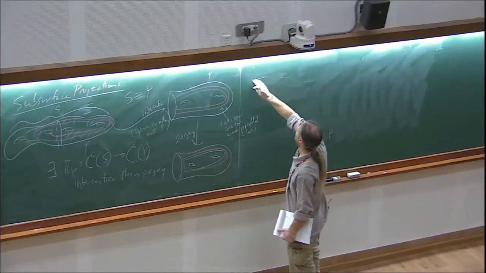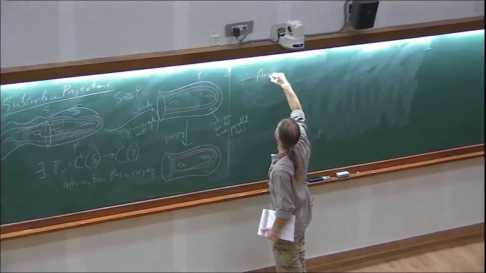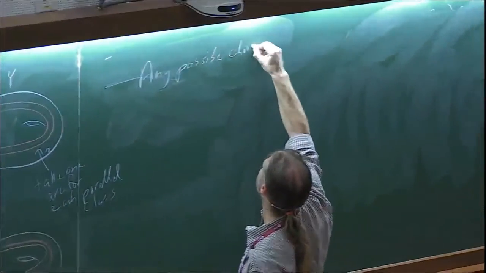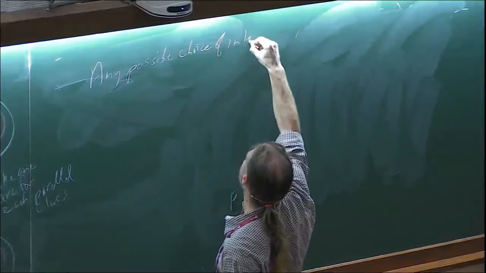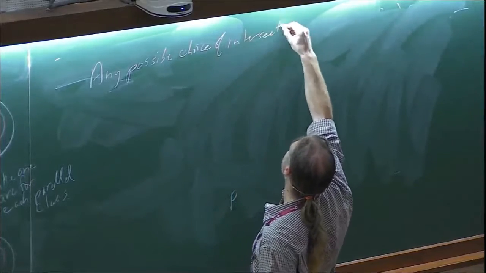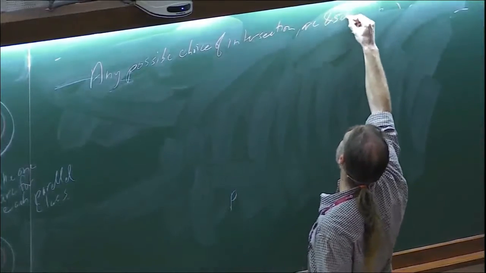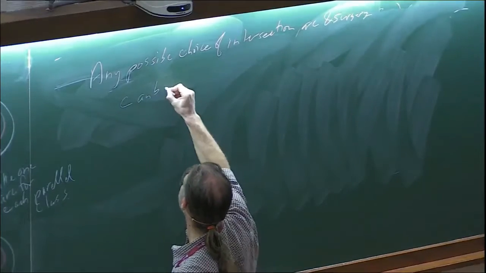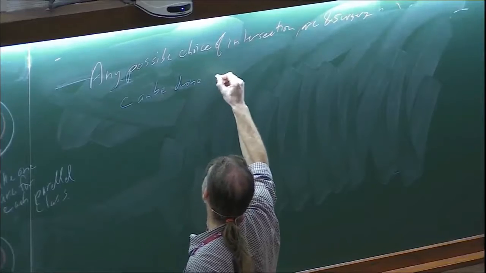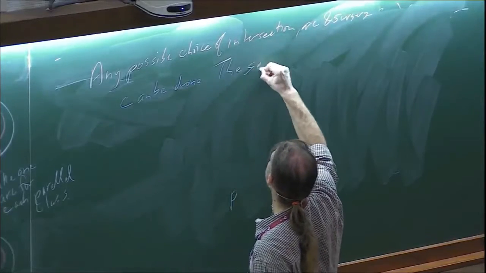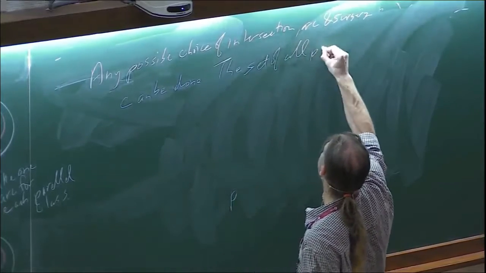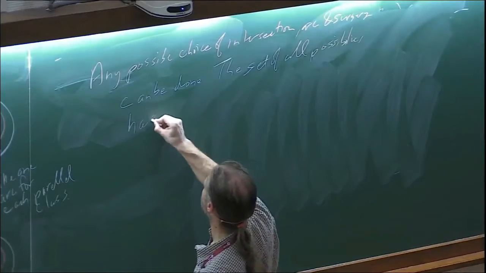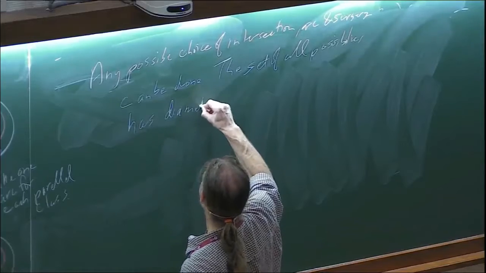So any possible choice of intersection arc and surgery can be done. The set of all possibilities has diameter less than or equal to 3.